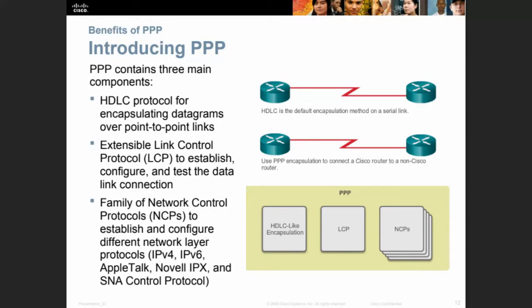Okay, so these are the three main components of PPP: HDLC, LCP, and NCP. By the way, HDLC is the default encapsulation on a serial link.